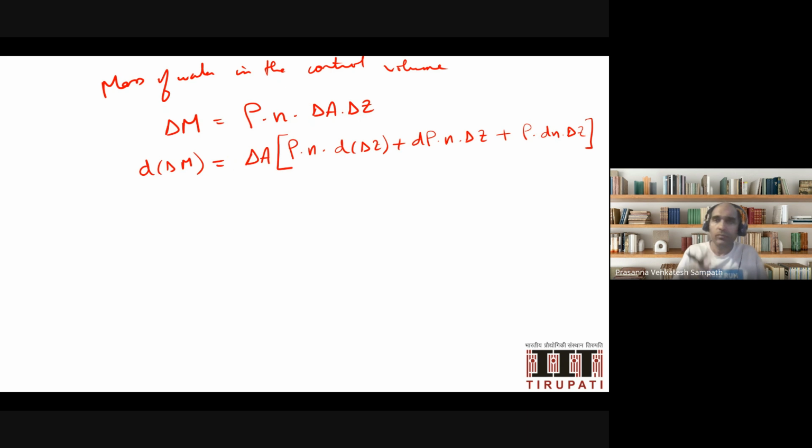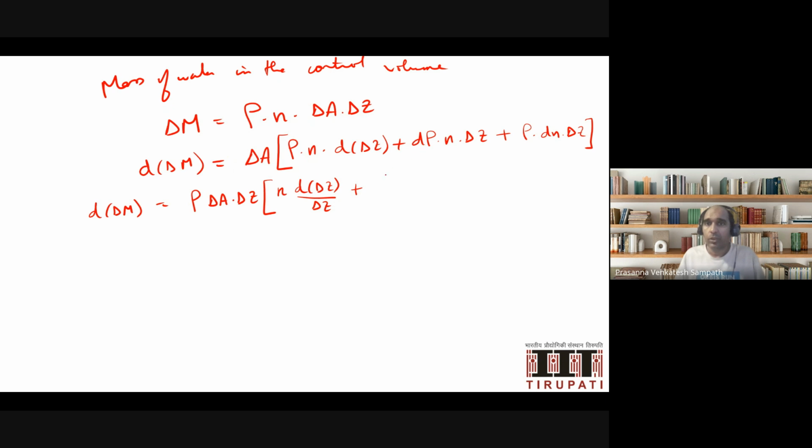So now I see there are some constant terms across these different terms. So let me rewrite this like this: d delta m equal to, I'm going to take out rho common and delta z common. So I'll get rho times delta a times delta z. Rho has come out here, so it will be n. There's no delta z here, so I'll have to divide this, d delta z divided by delta z.